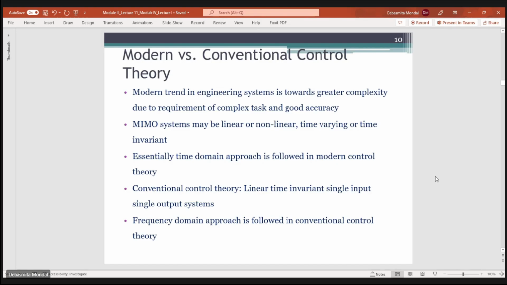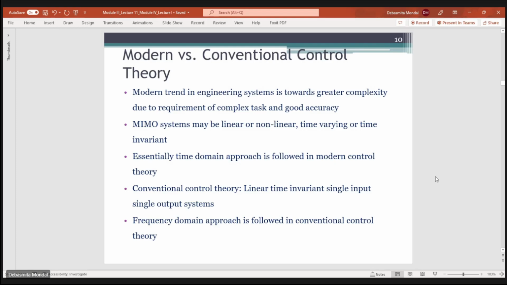In general, this is due to the requirement of complex tasks, complex desired performance, and good accuracy, so the complexity of the overall system will be more compared to a simple linear time invariant single input, single output system.